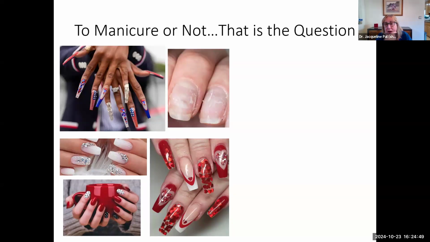And so you're going to end up with nail plates that are damaged, no matter what. So you need to be smart about your manicures.